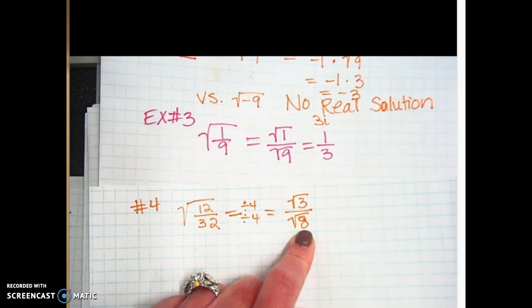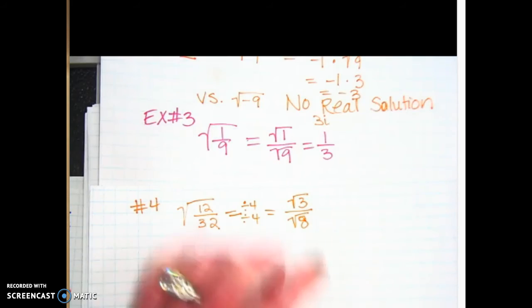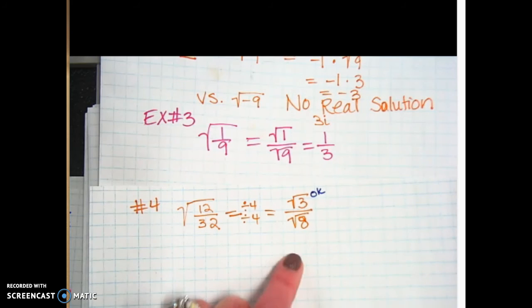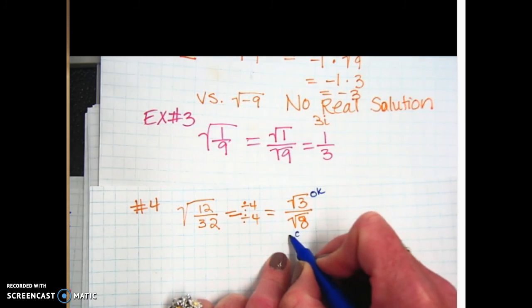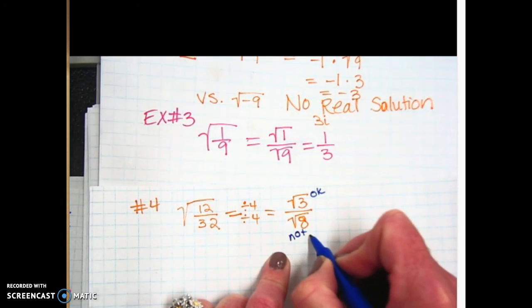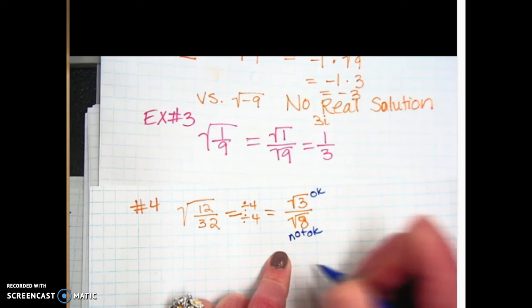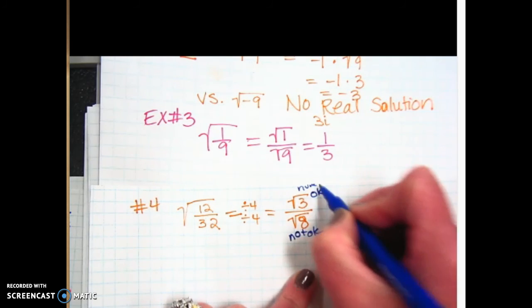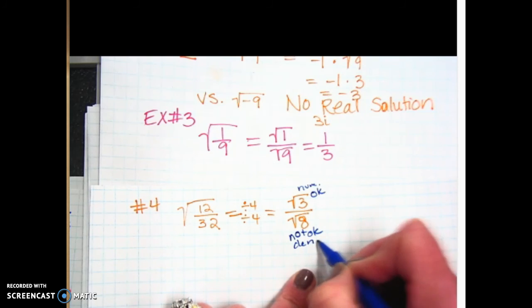It's okay to have a radical in the numerator, but it's not okay to have a radical in the denominator. Okay, so the numerator is okay, denominator is not okay.